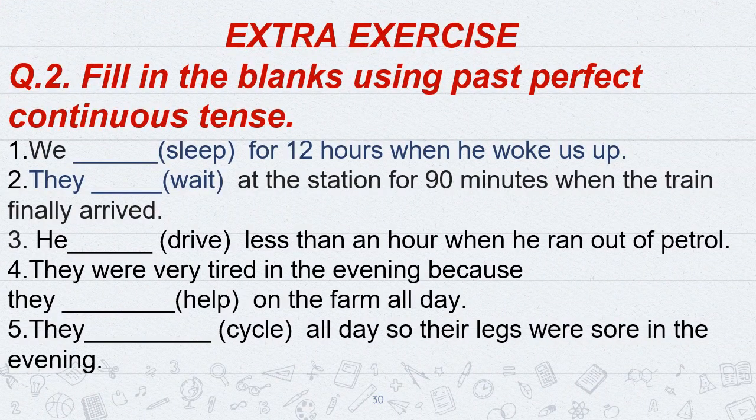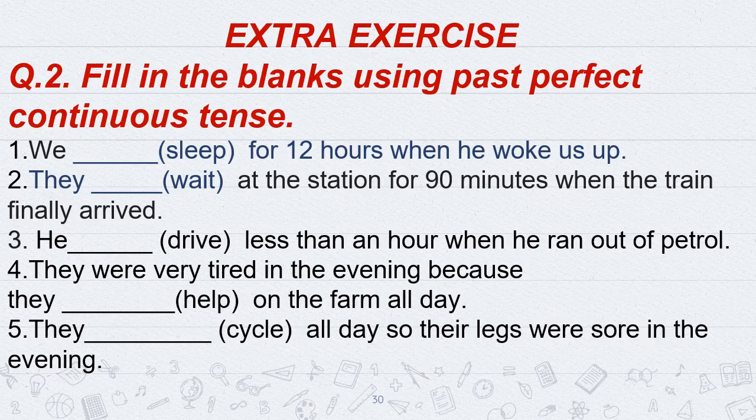The second exercise is fill in the blanks using past perfect continuous tense. The first sentence is we dash (sleep) for 12 hours when he woke us up. Second, they dash (wait) at the station for 90 minutes when the train finally arrived.